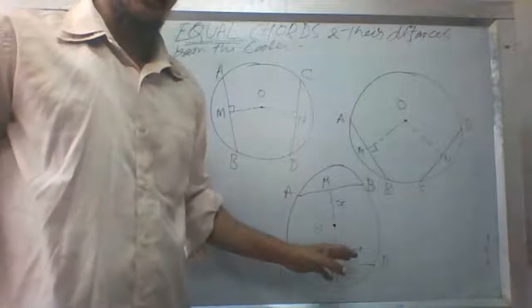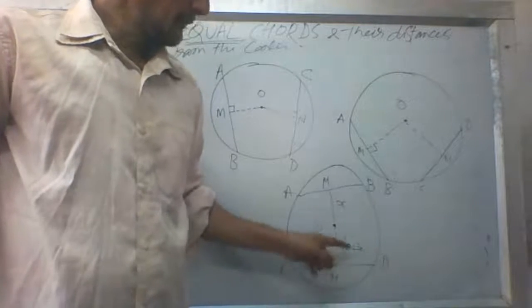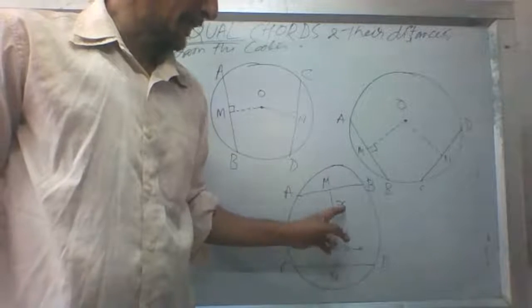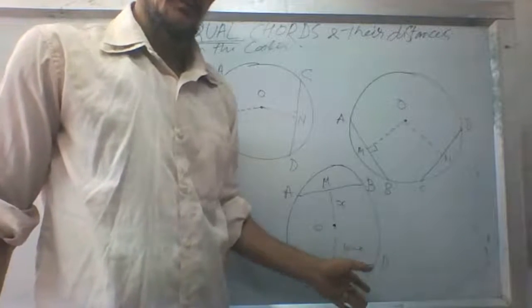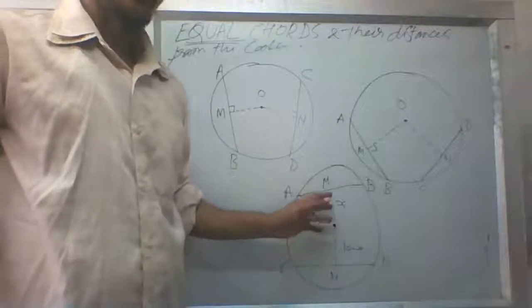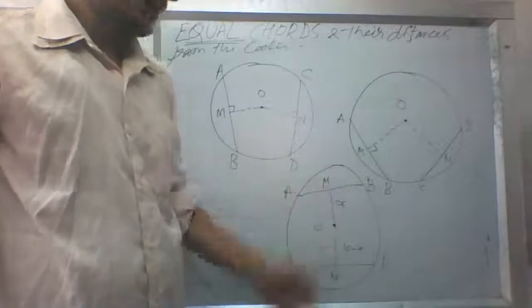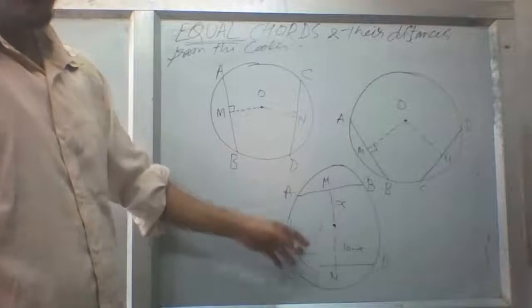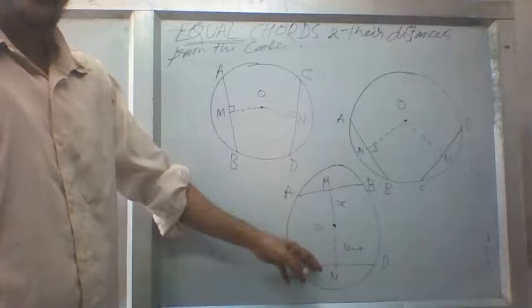So if you make an equation, then both the equations will be formed according to a common alphabet x, and it will be easier for you to solve for x to find out whether this is 3, 4, 5, 6, 7, 8, 9 or 1, whatever it is. Got it? If the distance between these two is given and the chords are equal, then the distances will be equal.